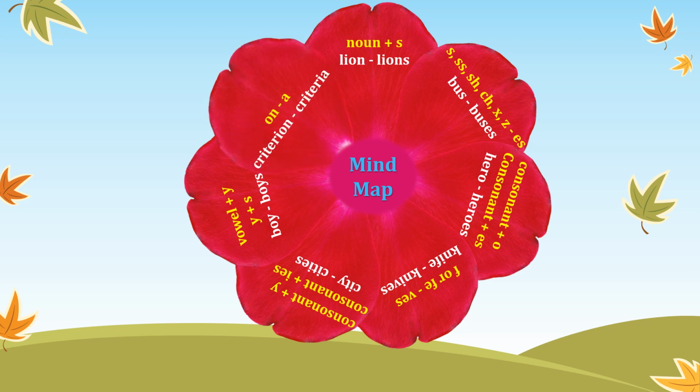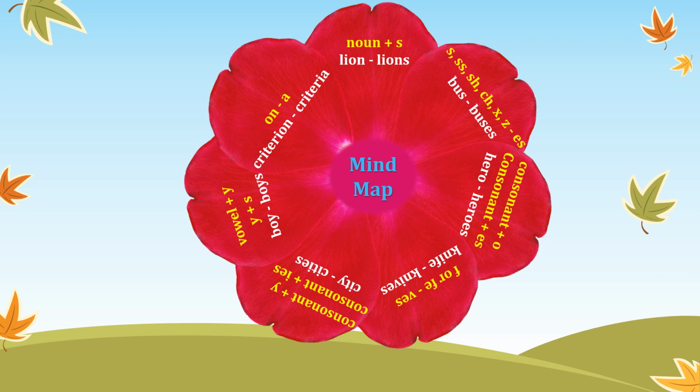Rule number 7. If your singular noun is ending with ON, just cut ON and write A there, and your singular noun will become plural noun. For example, criterion has ON in the end. Just cut it and write A. And here you have changed all the singulars into plurals.